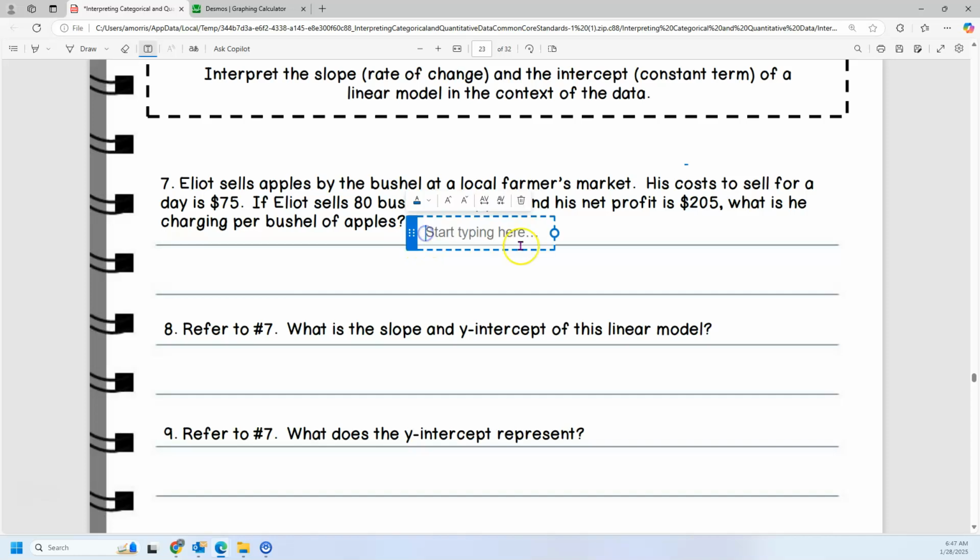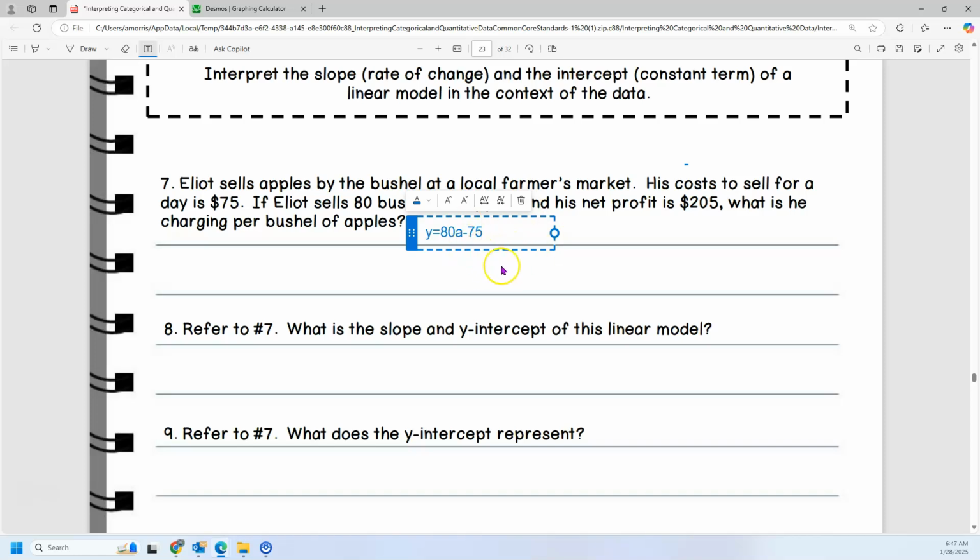Okay, so the cost, like how much I make, right? I know that I'm selling 80 bushels of apples. I don't know how much the apples cost, okay? And I know that I have to, just even to set up, get all the stuff for that day, maybe to rent a spot, maybe to have the containers, to buy a table and a tablecloth.